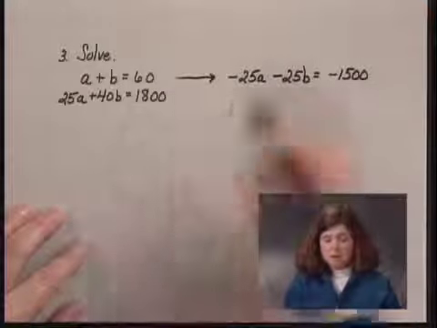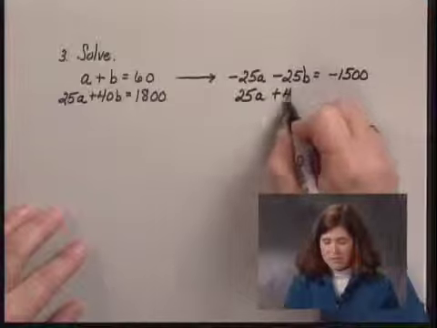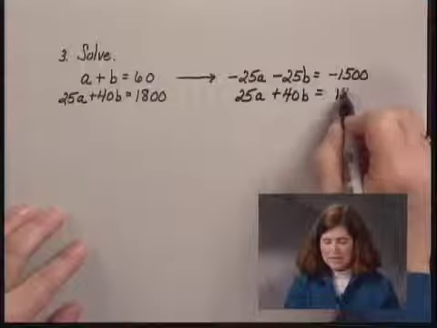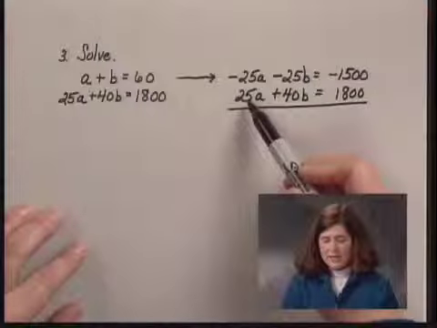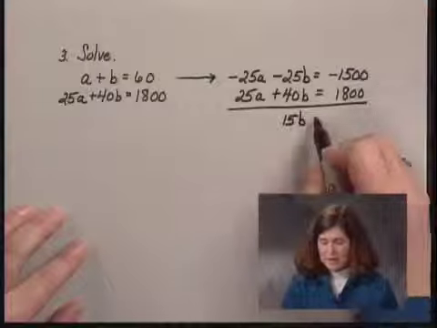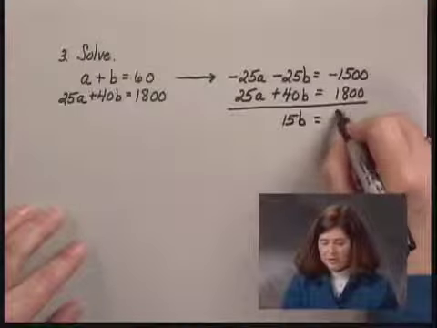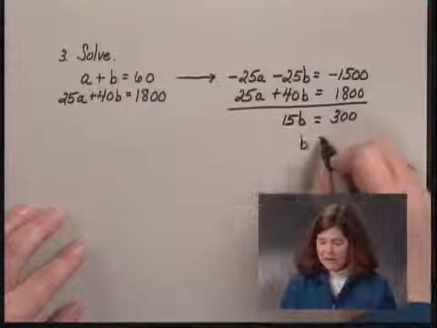I just copy my second equation, 25A plus 40B equals 1800, and then I add. This adds to 0, this adds to 15B, and this adds to 300. Dividing by 15, I have B equals 20.